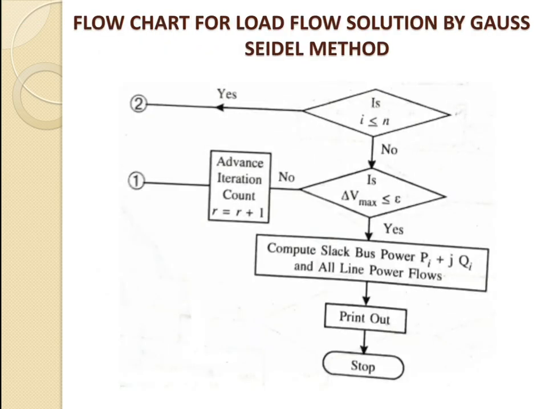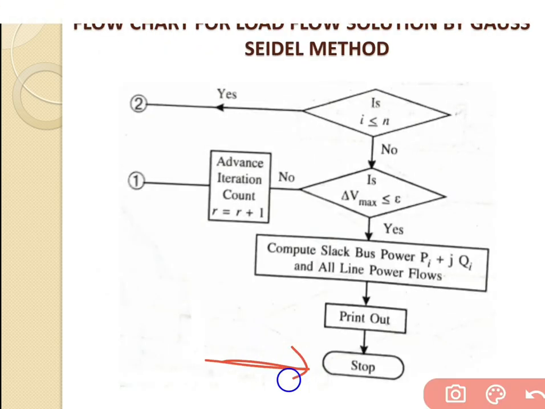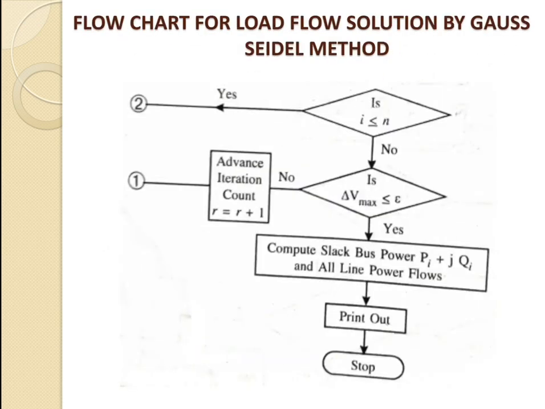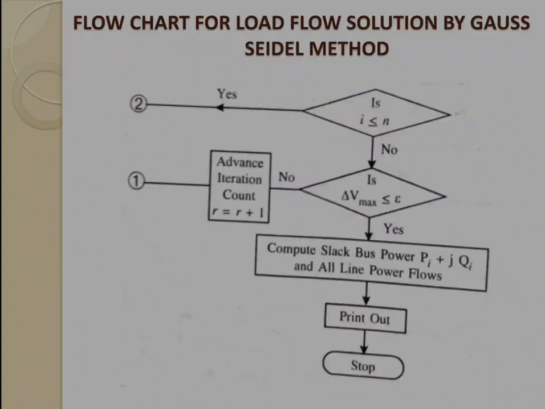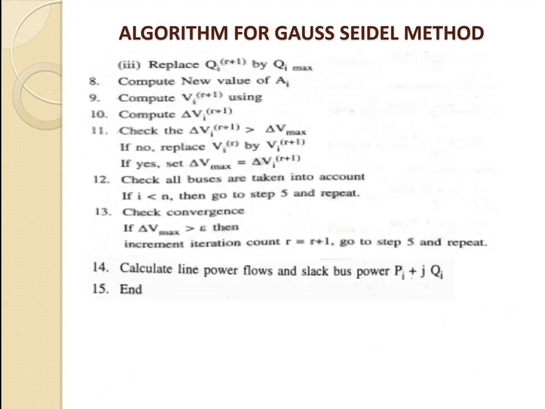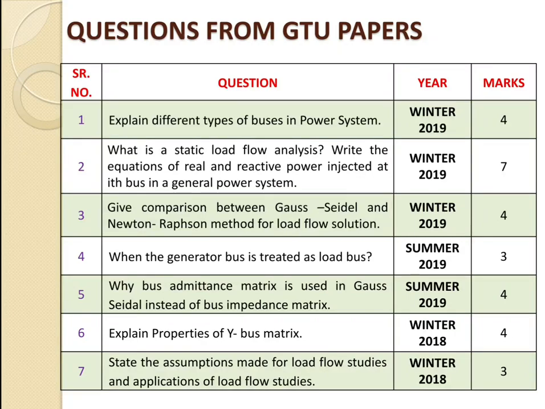So we stop the system over here. This is the flowchart and the algorithm of the Gauss-Seidel method. This is the finishing of the algorithm and flowchart of the GS method.